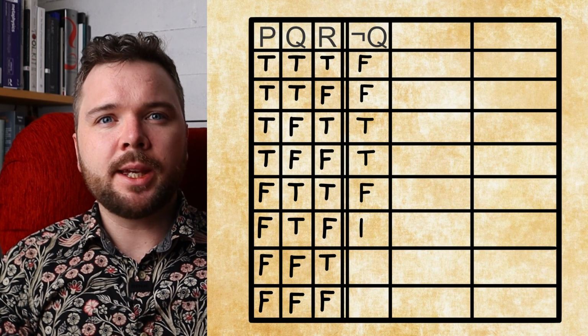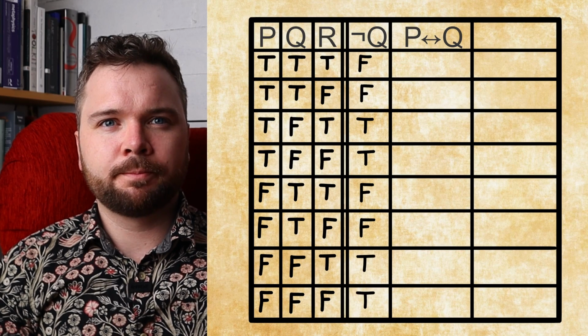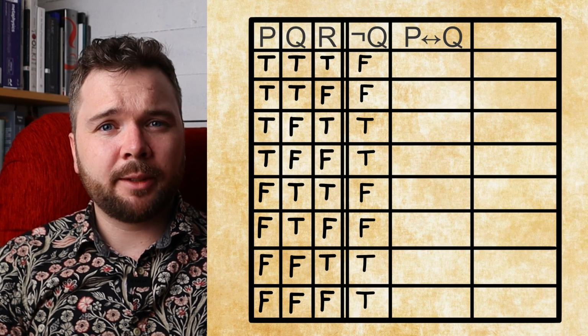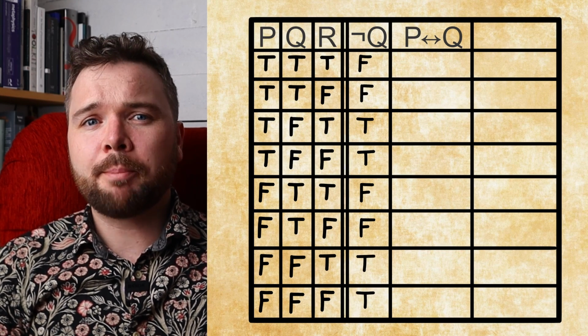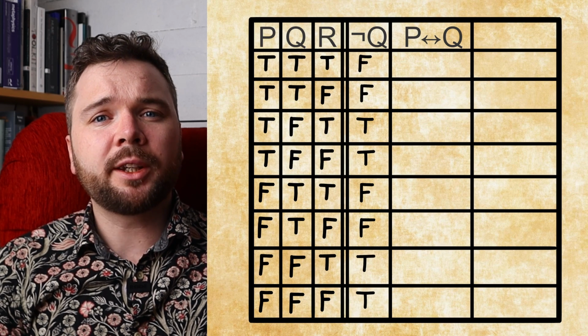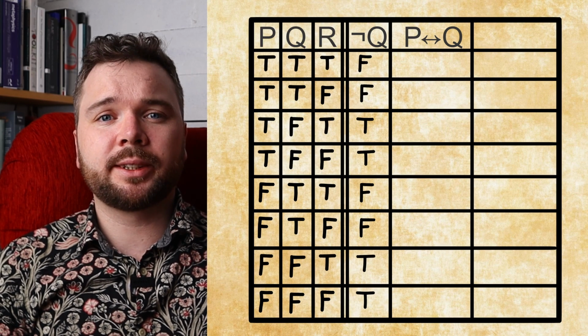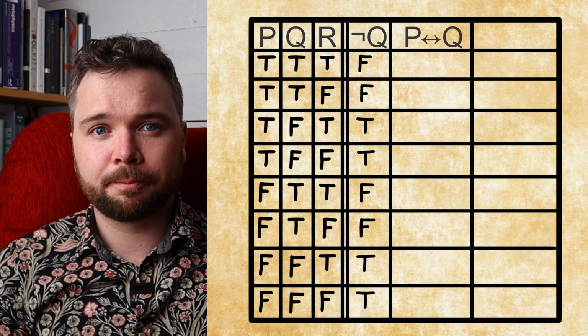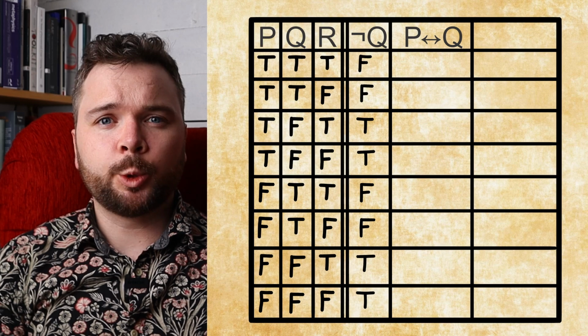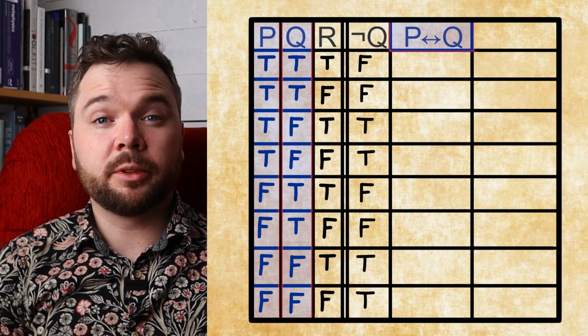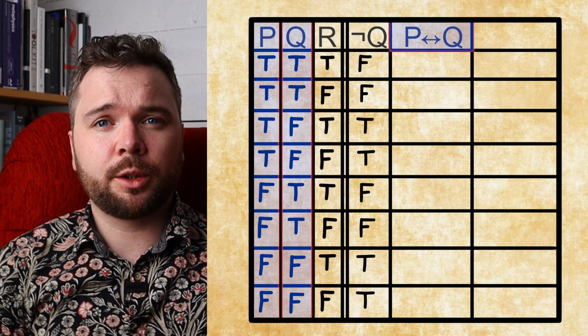Then we have P if and only if Q. Now, here it can be a little bit tricky since we need to remember the truth table for biconditional while at the same time comparing the already existing rows with each other. And the biconditional is true only when all of the variables have the same truth value.